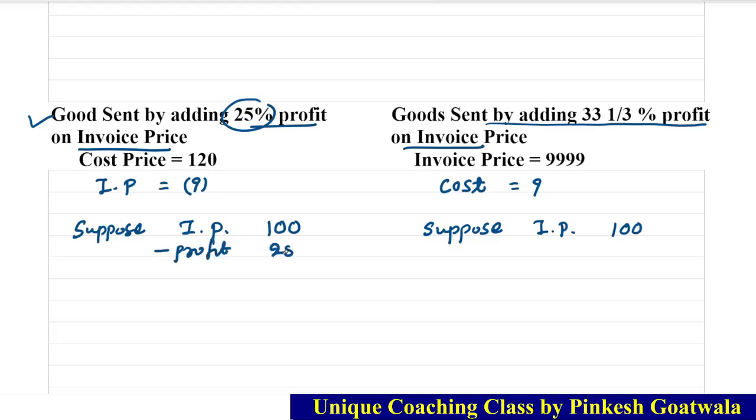Here also invoice, so profit will be less, 33.33. Remember, if it is cost, profit is added; if it is invoice, profit is less, and here you will get cost, 66.67, it will be cost.